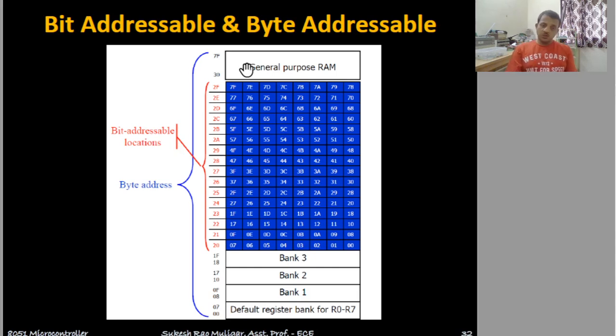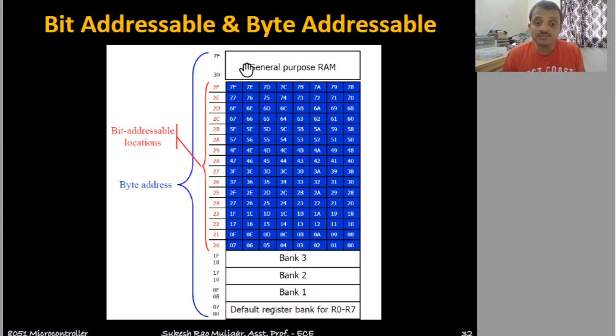Now one caution that you need to take. A general question may come: should I consider these locations specifically for bit addressable, or specifically for the bank, or specifically for general purpose memory? Nothing as such.